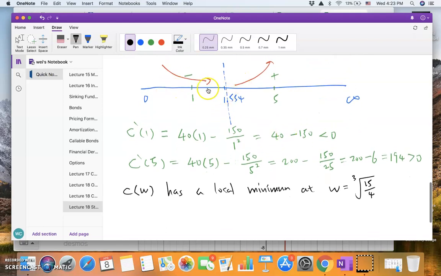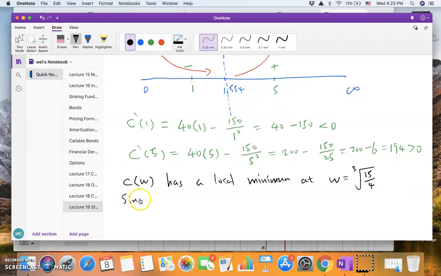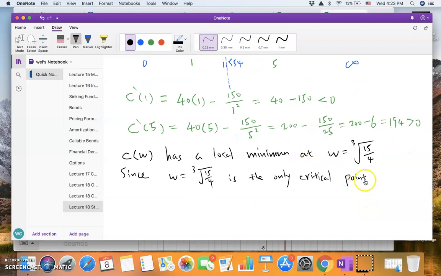Since this is the only critical point on the domain from 0 to infinity, therefore the function has an absolute minimum at this point.